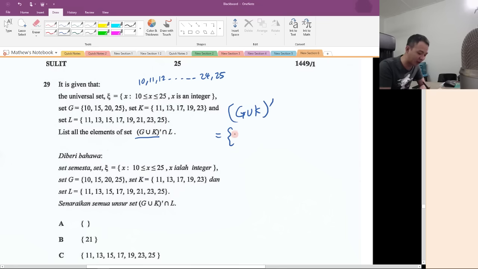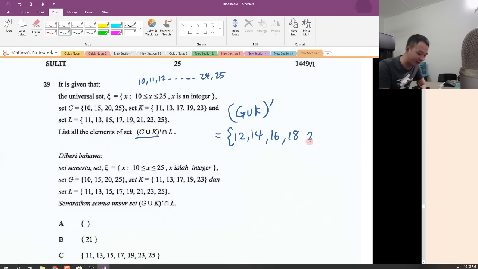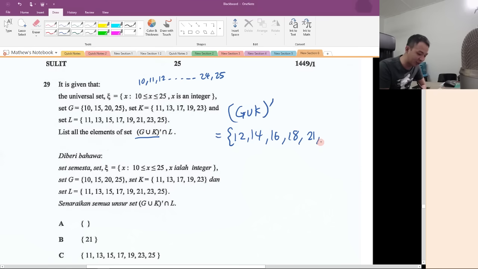Both have no 12, so I write down 12. 13 they have, 14 they don't have, so I write 14. 15 and 16 they don't have. 17 they have, 18 they don't have, 19, 20, 21 they don't have, 22 they don't have. 23 they have already, 24 they don't have, 25 they have already. So this will be my G union K complement.